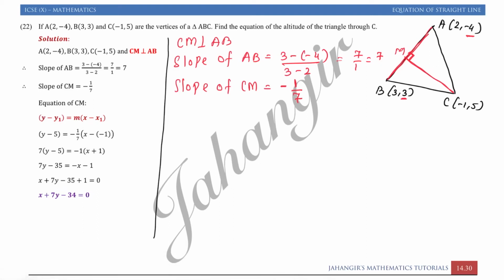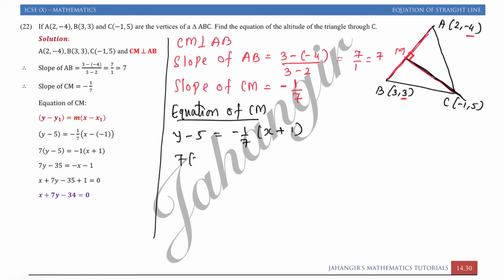Now, since CM passes through C, the equation of CM is y - 5 = -1/7 (x - (-1)), that is (x + 1).